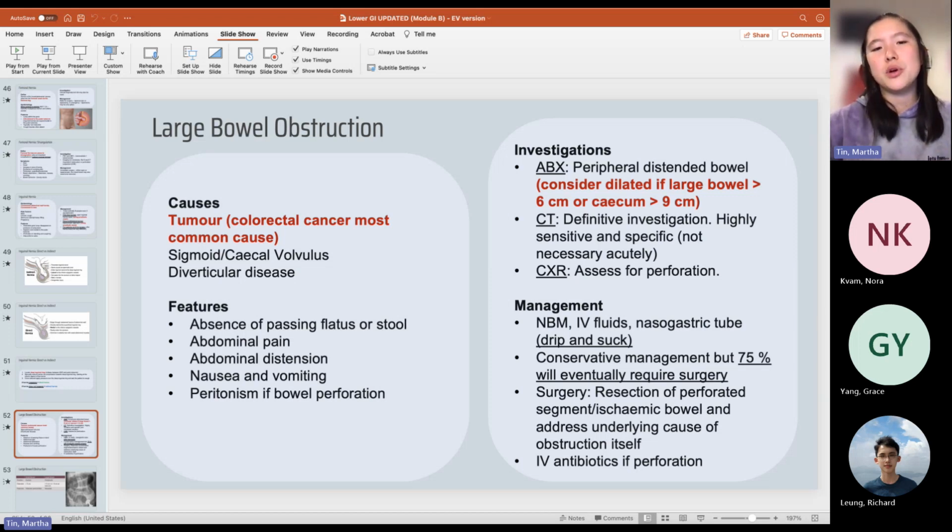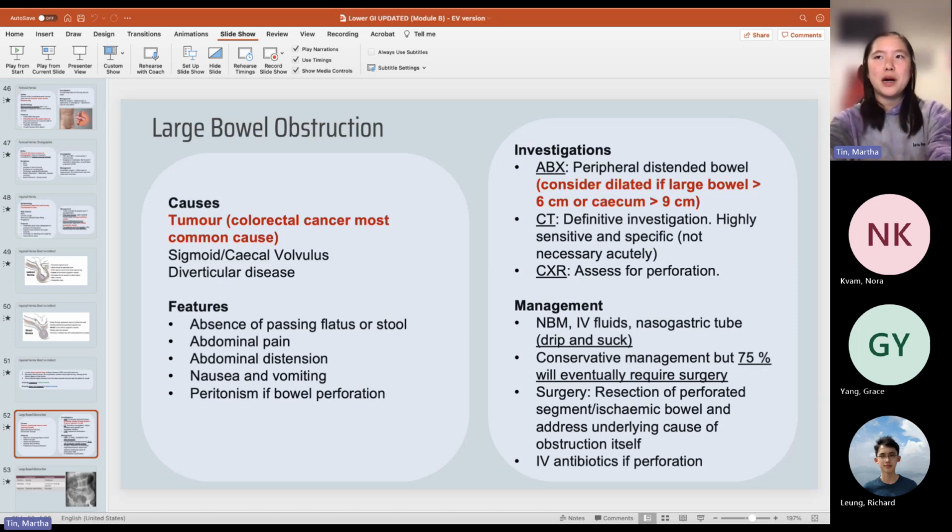You do get some nausea and vomiting, but it's far less common than in small bowel obstruction, so I wouldn't pay too much attention to that. And last of all, just like everything else we've discussed, if there's perforation, you're going to see signs of peritonism. They might start being septic, etc.